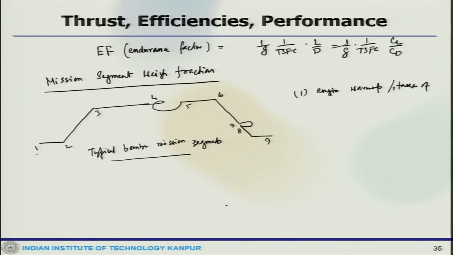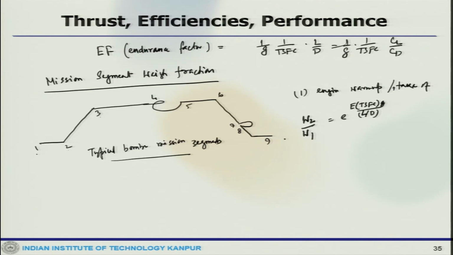And now the weight fraction or the loiter weight fractions can be found from the endurance factor. So, which one can express as W2 by W1 is e to the power E by TSFC G by L by D, where E is the endurance.